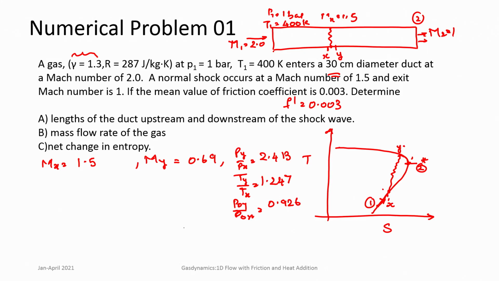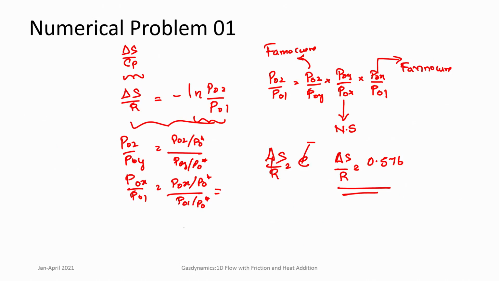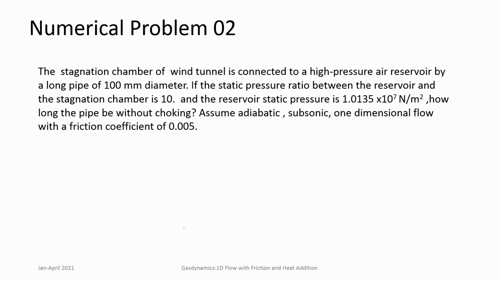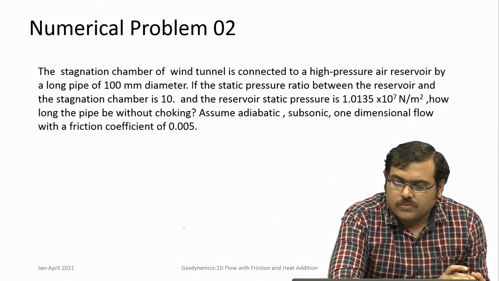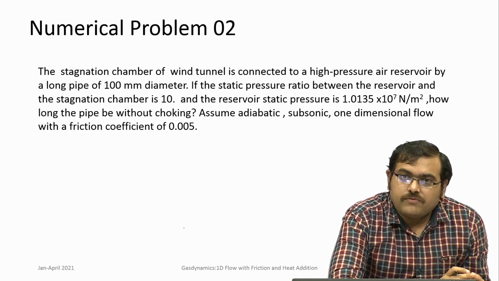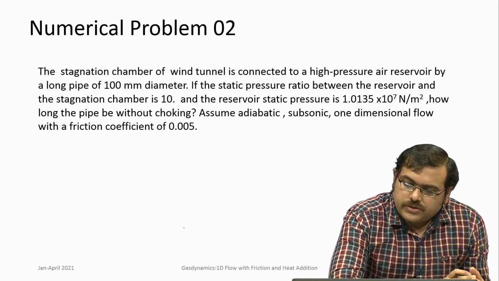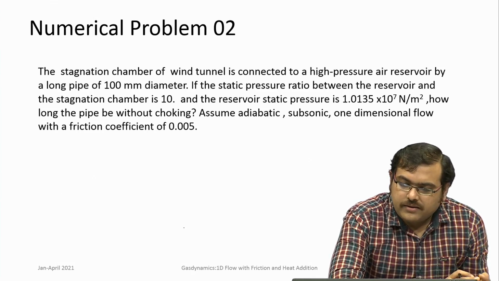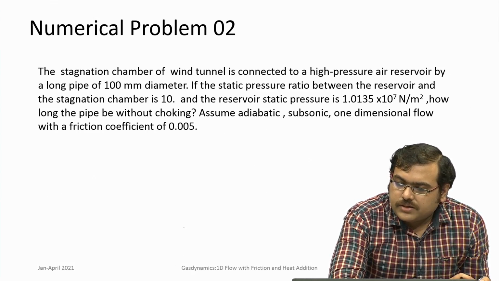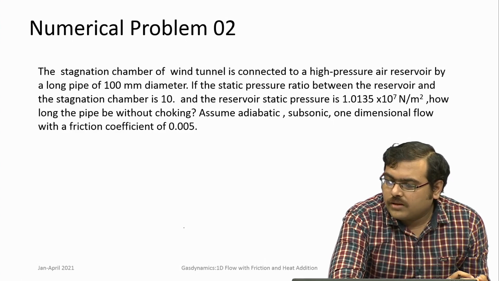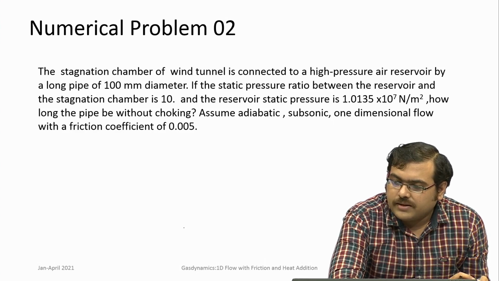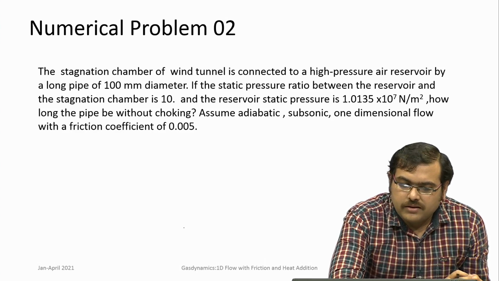Now, if you look at the next problem, the stagnation chamber of a wind tunnel is connected to a high pressure air reservoir by a long pipe of 100 mm diameter. If the static pressure ratio between the reservoir and the stagnation chamber is 10 and the reservoir static pressure is 1.0135 into 10 power 7 Newton per meter square, how long can the pipe be without choking?